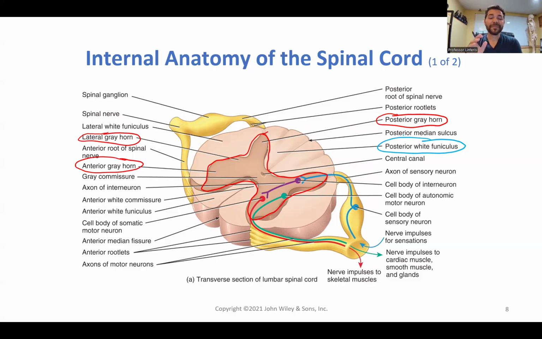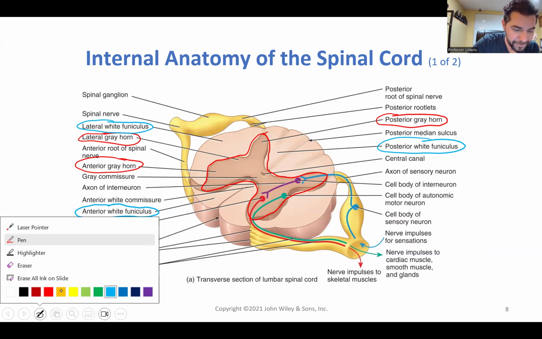We'll get to that. The side, we call these the lateral funiculus, the lateral columns. And obviously in the front, we call them the anterior. Again, this white matter is composed of axons, and those axons will run up and down the spinal cord, delivering appropriate messages to where they need to go, if they're sensory or motor.